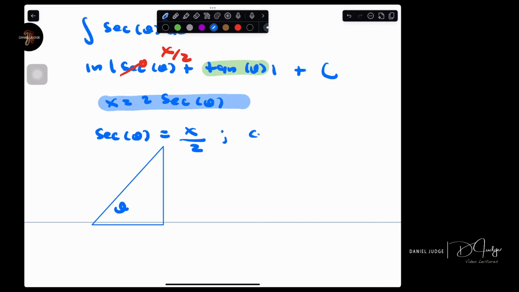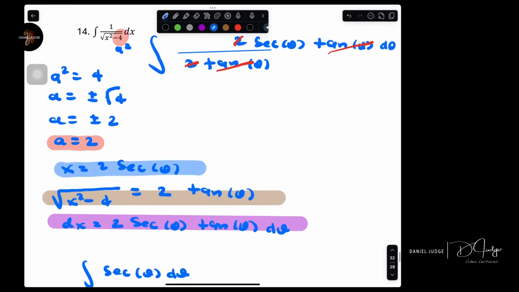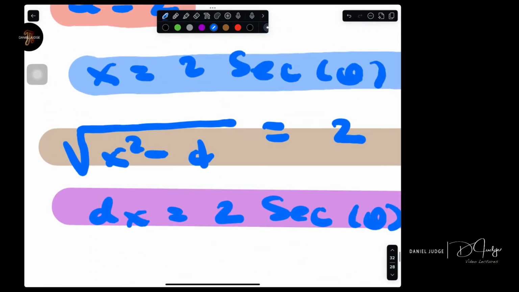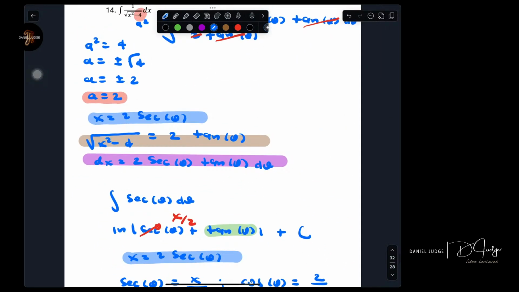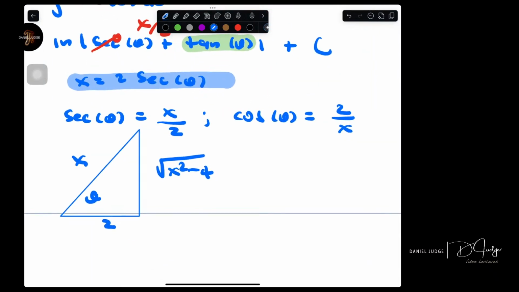Well, if secant theta is x over 2, cosine is 2 over x, and cosine is adjacent over hypotenuse. Remember, the side will be the radical, so this will be the square root of x squared minus 4.